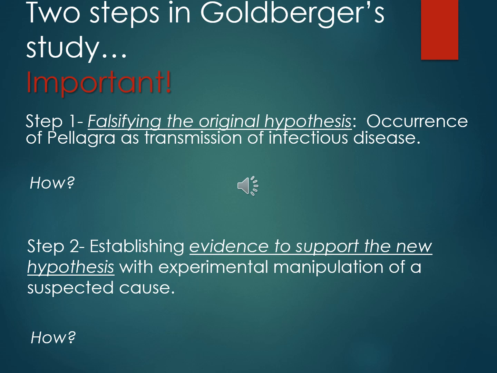Step one is to falsify the original hypothesis, which is that the occurrence of pellagra is transmission of an infectious disease through poor sewage. In order to falsify that, he conducted a rather disgusting experiment.